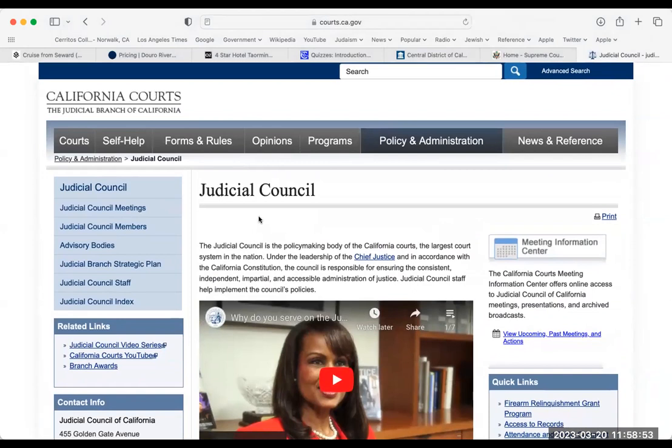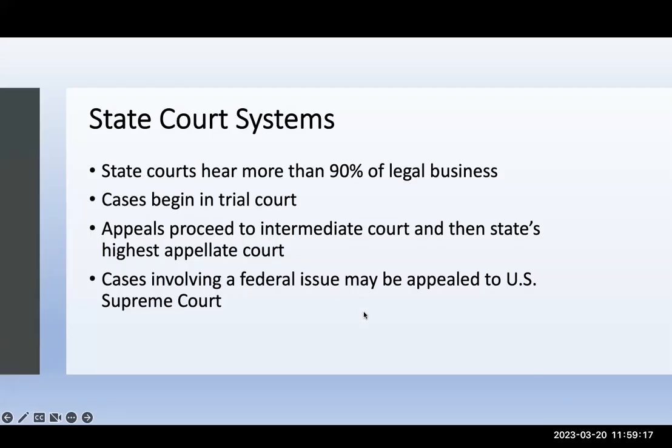So if you wanted to find links to the California codes, you could go here. You can also get links to and get copies of various opinions that have been published by the various courts in California. So again, these websites are a great source of information that's made it a lot easier for litigants to navigate their way around the court system.